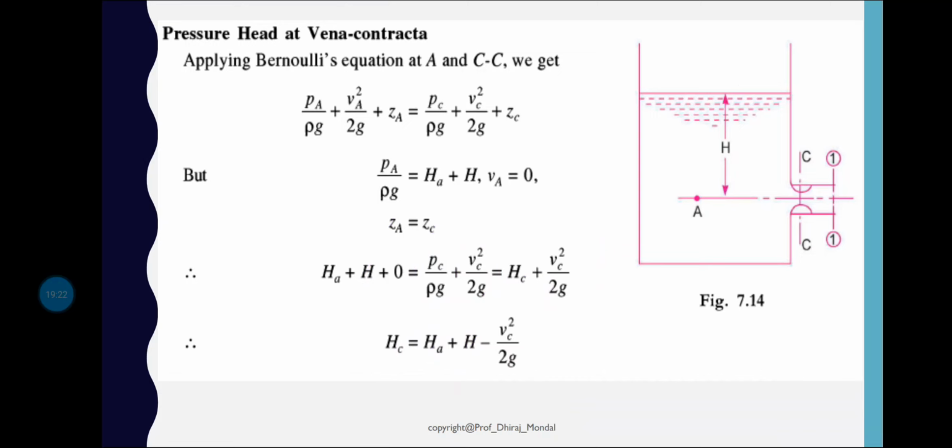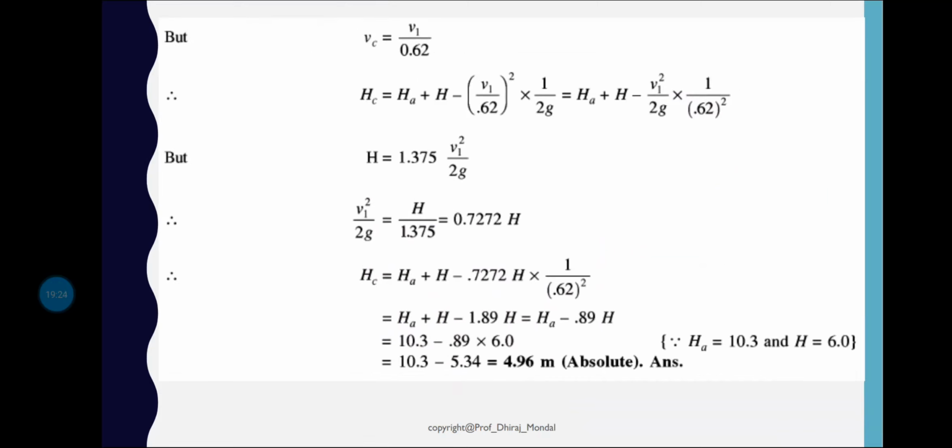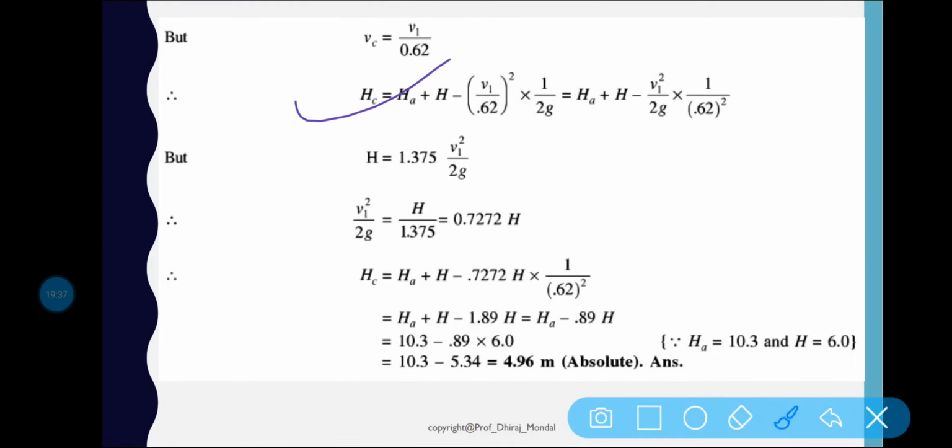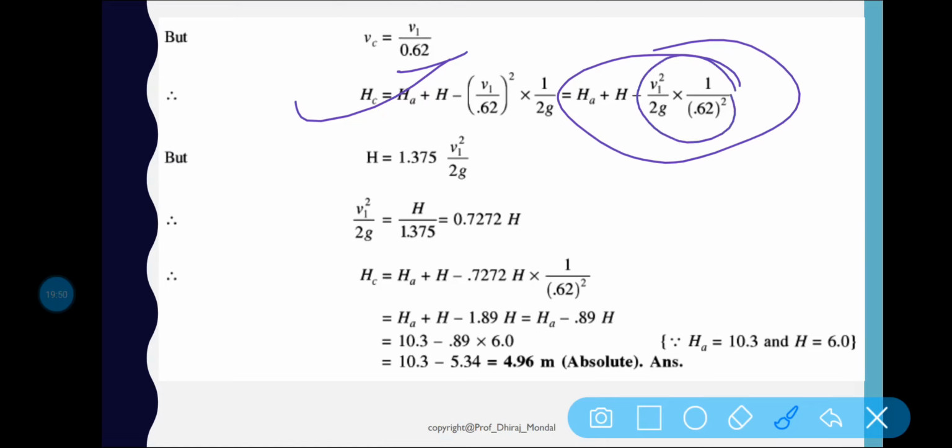Can I write this? If I can write this, then VC is equal to, already I know, V1 by 0.62. So here, basically, put all the values of VC and you will get HC. H is equal to HA plus H minus this portion. Clear?